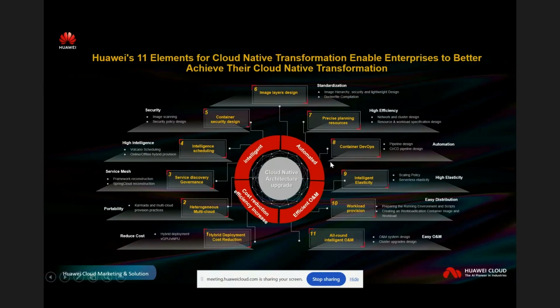It's automated because all those capabilities can provide a DevOps orchestration, so the client can easily have automated capabilities. And finally, the operation and maintenance is provided by several measures like elasticity and monitoring capabilities, so everything is in the same platform. So that is what I can tell you.